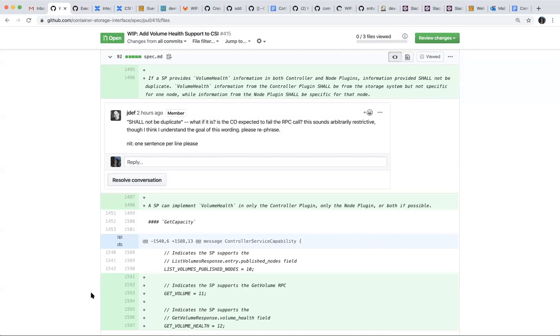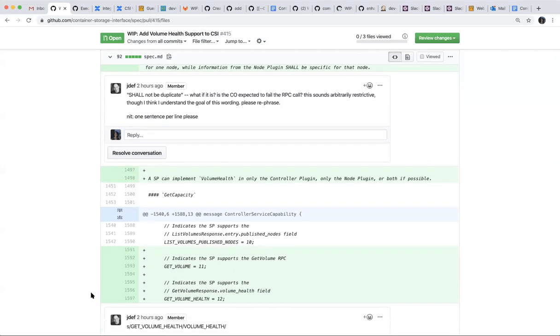So I agree. I also think it's a little bit of a chicken and egg problem. We need something in CSI to be able to start building something on the CO side. In the past, whenever we stuck something in CSI, we've called it GA effectively.